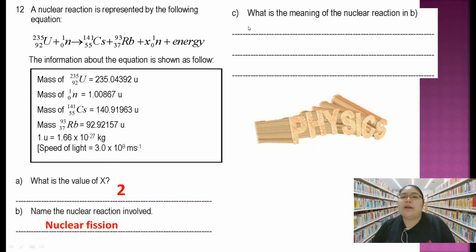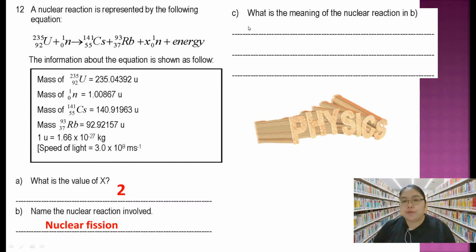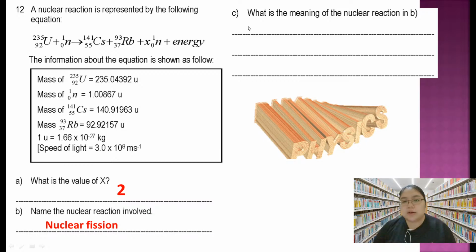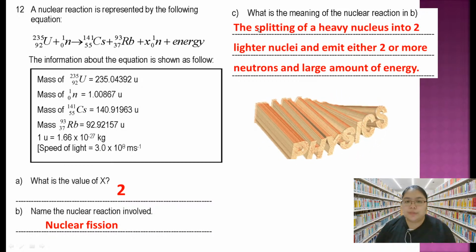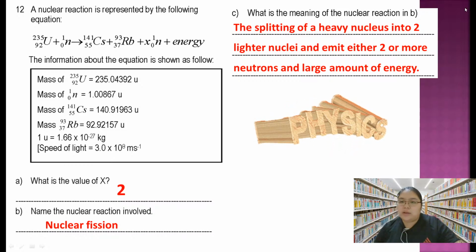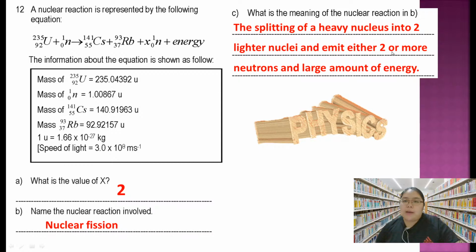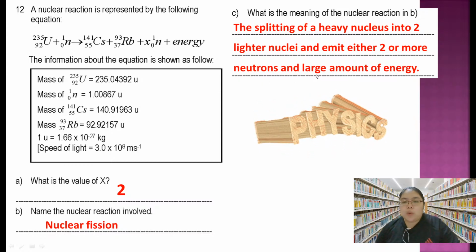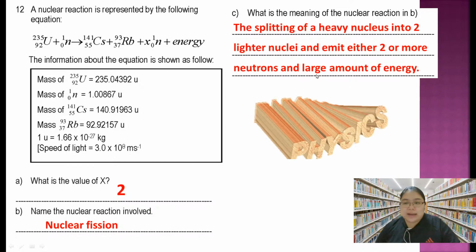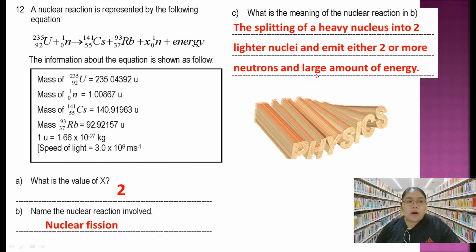After that, it splits into 2 lighter nuclei and 3 neutrons. That is nuclear fission: the splitting of a heavy nucleus into 2 lighter nuclei and emitting 2 or more neutrons. One more thing I forgot: there is a large amount of energy. You must add the words large amount of energy.